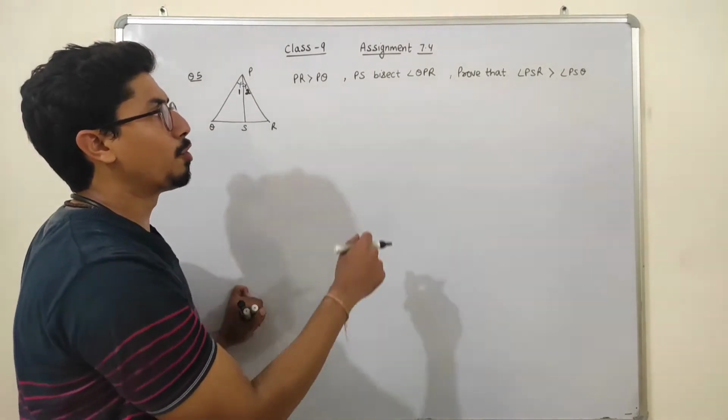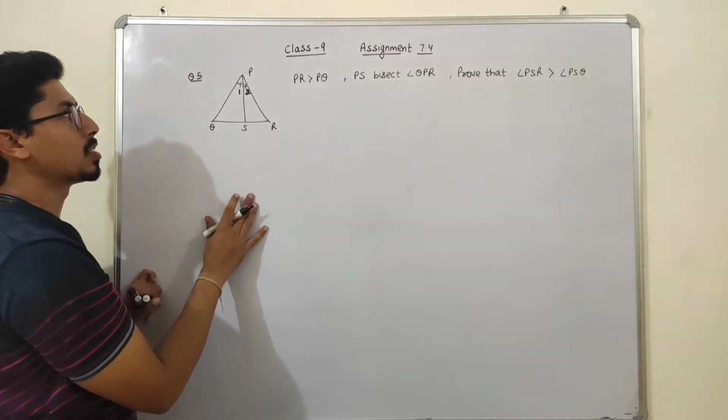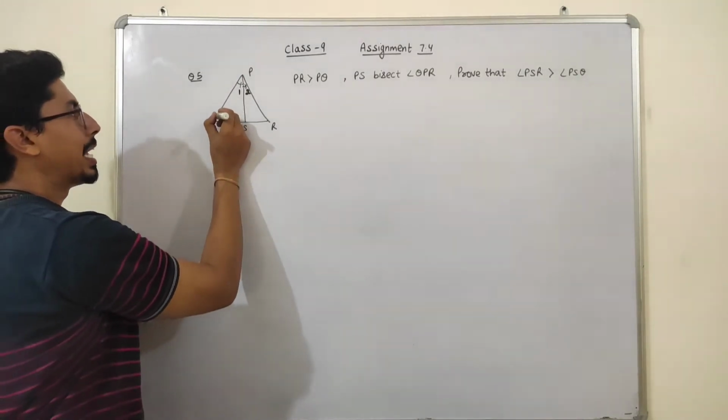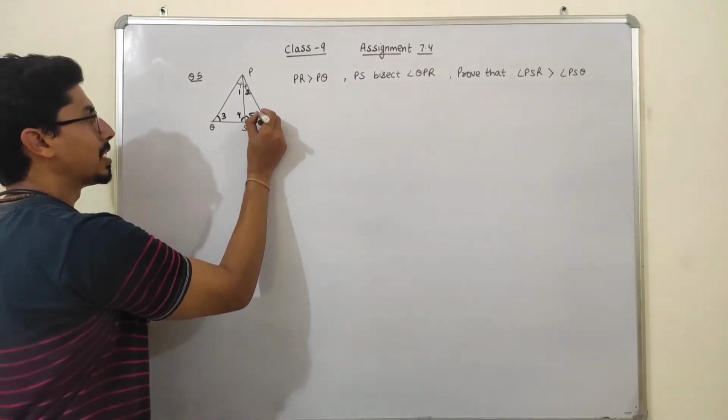Now I have to prove that angle PSR is greater than angle PSQ. So I name these angles 3, 4, 5 and 6.